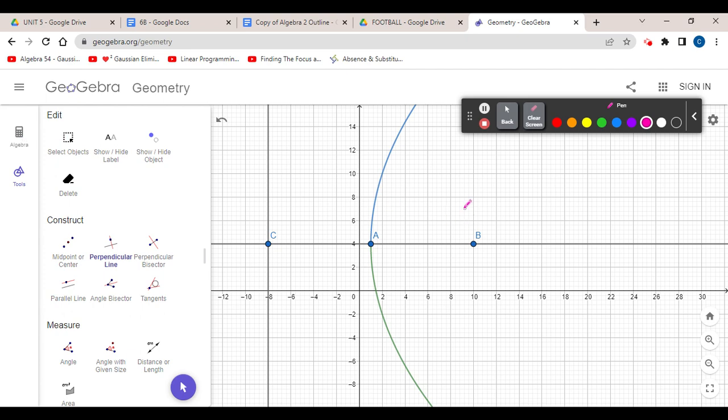So our focus point is at 10, 4. Our directrix line is x equals -8.